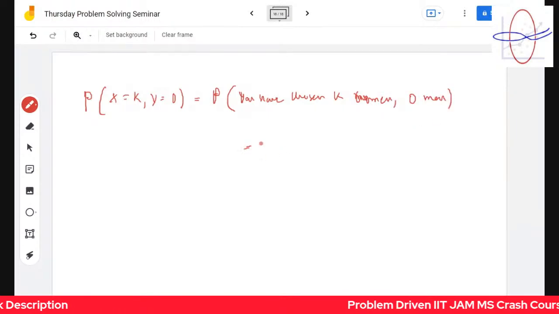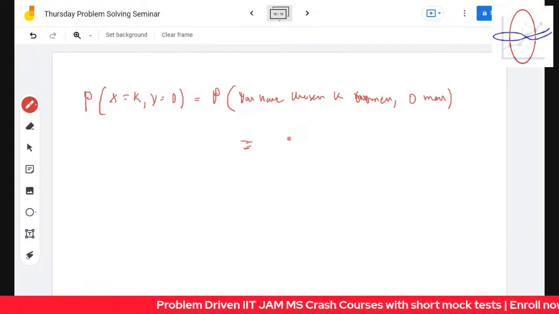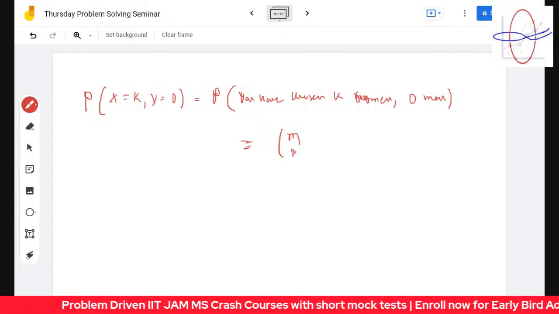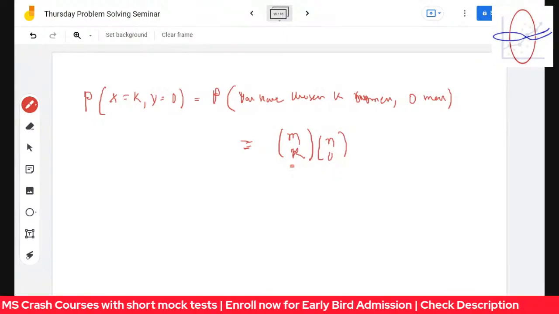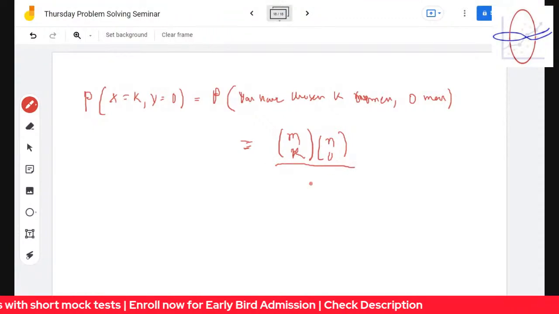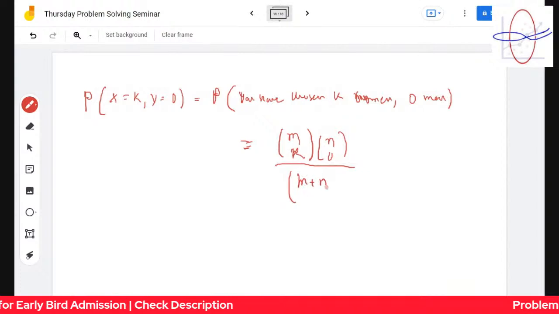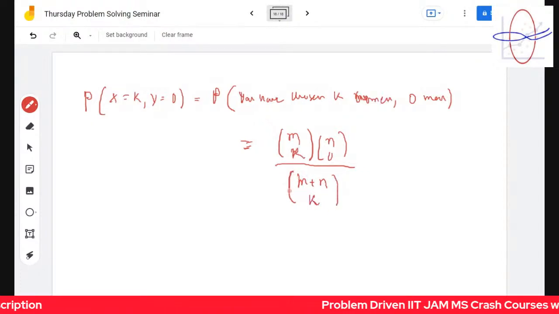That means you now have to choose among the women, that is m choose k into n choose 0, divided by the total number of committees that are possible, that is m plus n choose k. You're right, it's hypergeometric. Thank you.